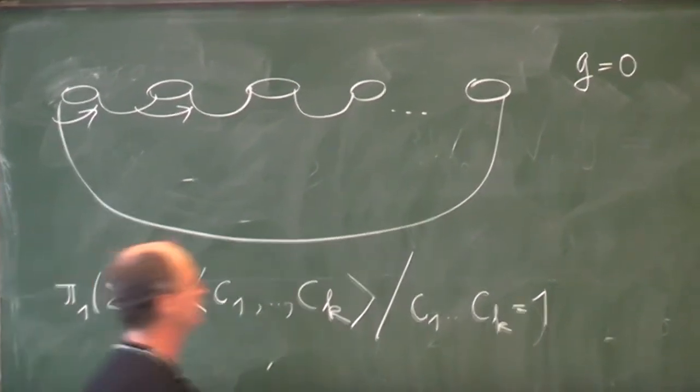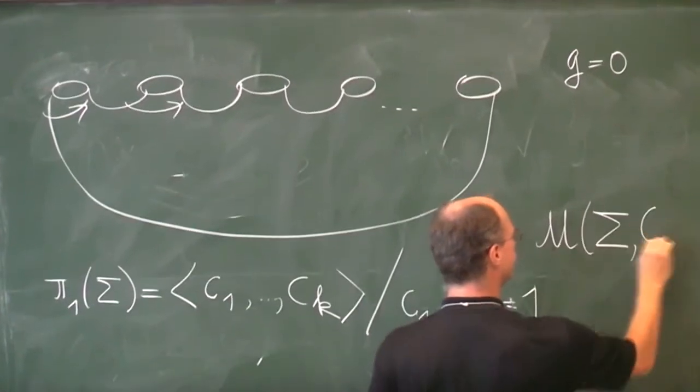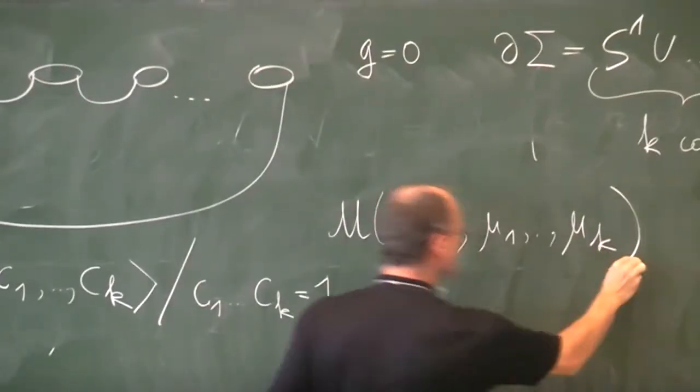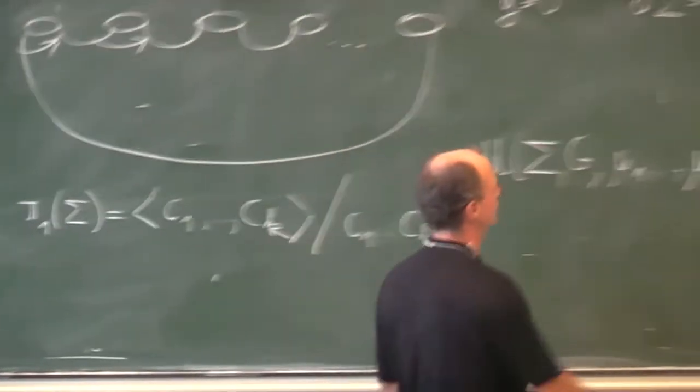So let me write immediately the expression for the moduli space with those labels mu 1, ..., mu k. So what is it?